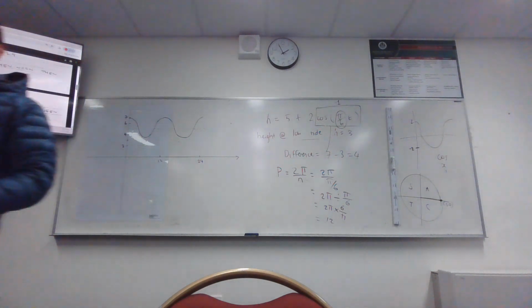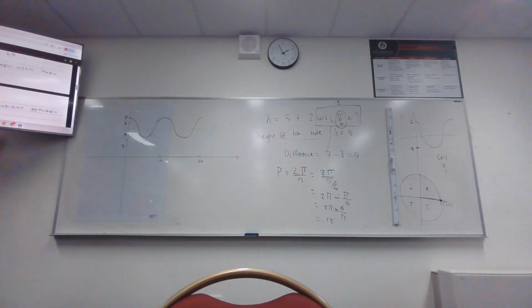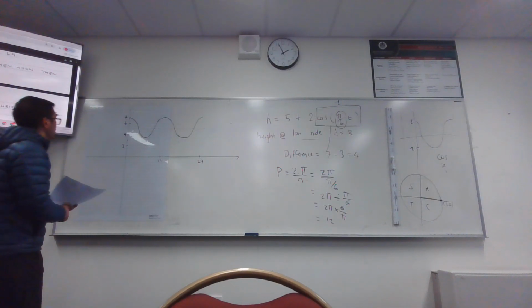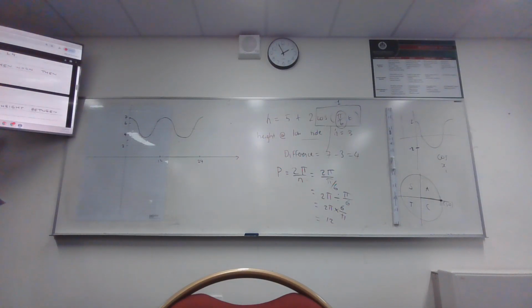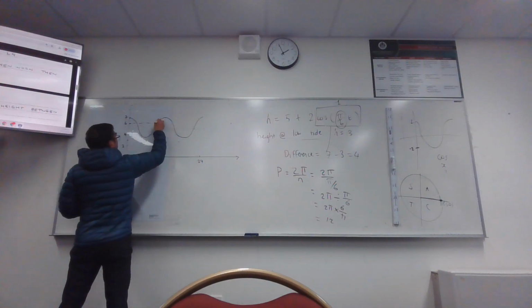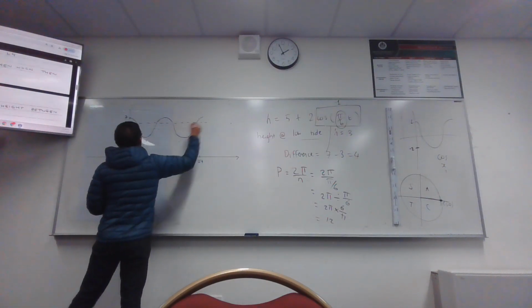Who's added something to the graph? Maya, what did you do? A line at y equals 6. Did you do that, Gabe? Emily? Okay. So that's what we're interested in, 6 meters.